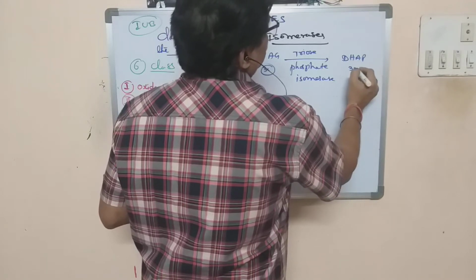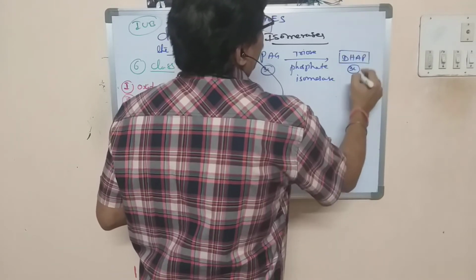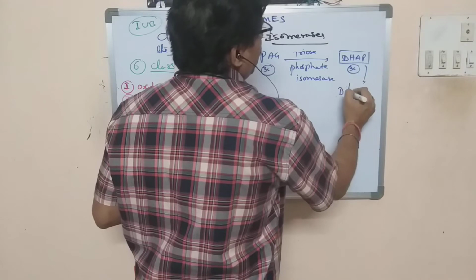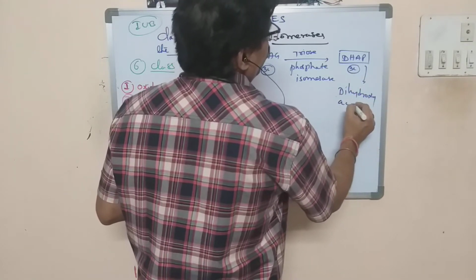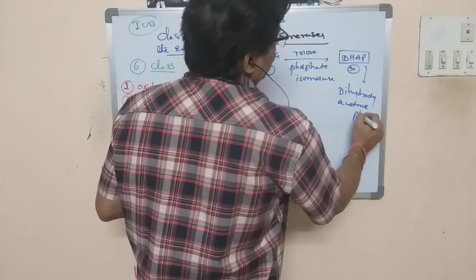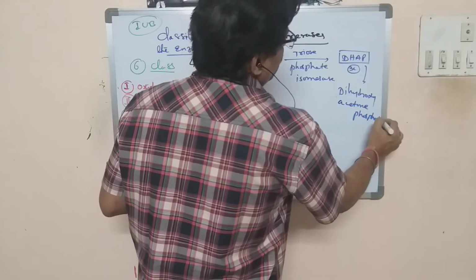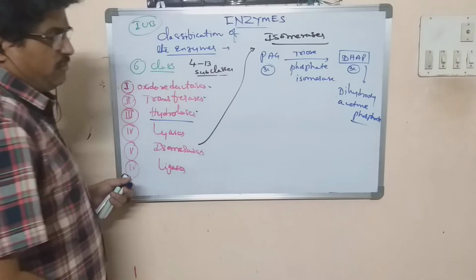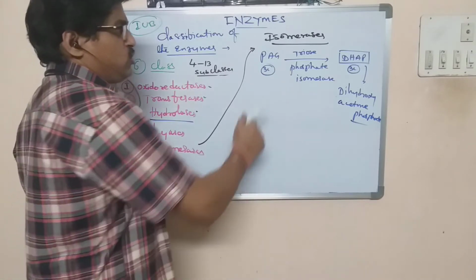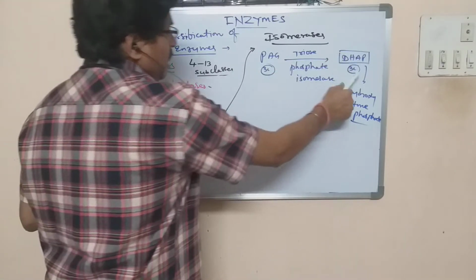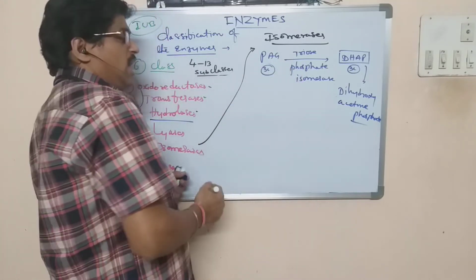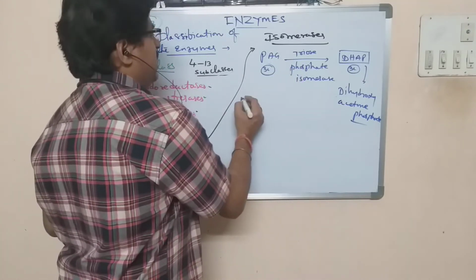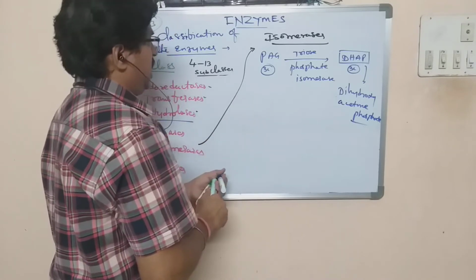This is also a 3-carbon compound. So in this way, the phosphoglyceric acid is isomerized. The number of carbon atoms does not change; only the mode of arrangement changes. That is called isomerization.